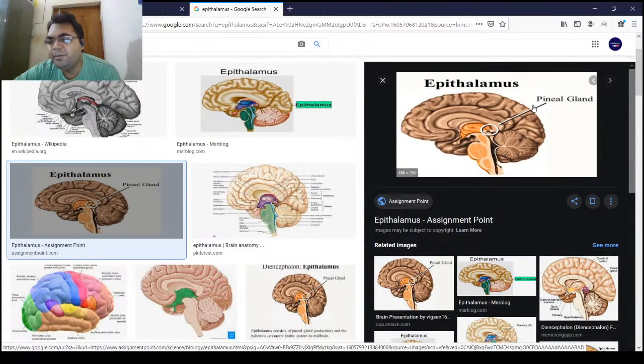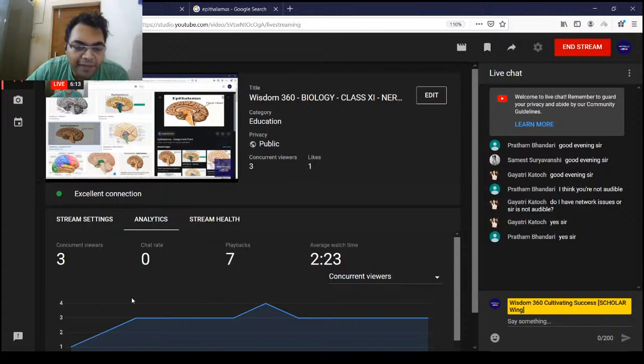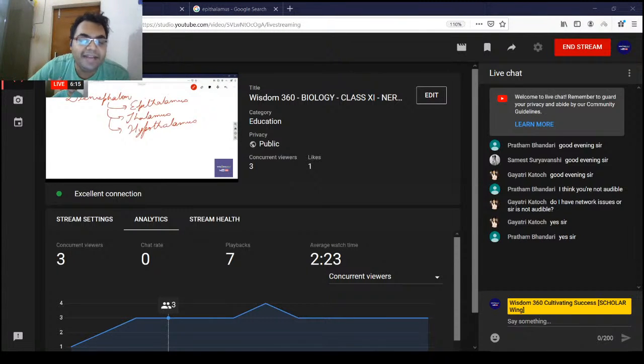So this is the region of the epithalamus of the human brain, and you will be looking at the pineal gland also. I'll tell you what it does. The epithalamus is the region of the human brain that contains various specific glands. One of the main glands of the epithalamus is the pineal gland, very important for any examination.